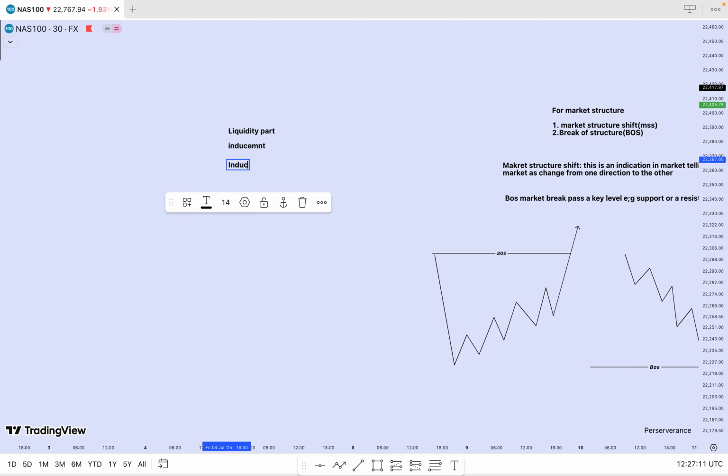So inducement, which can also be represented as IDN, is the first valid pullback after a market structure shift or a break of structure, which is BOS.